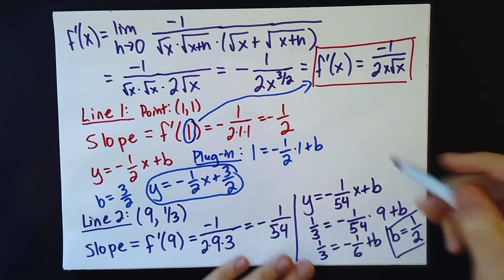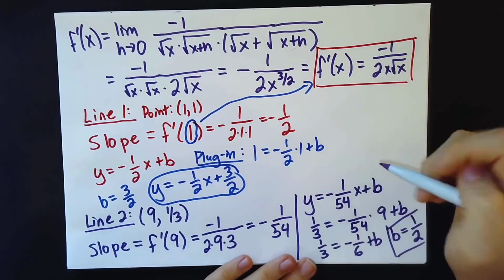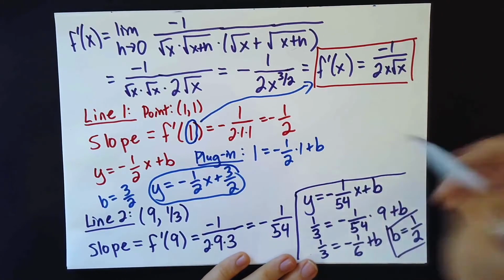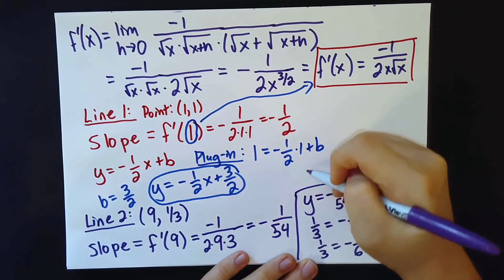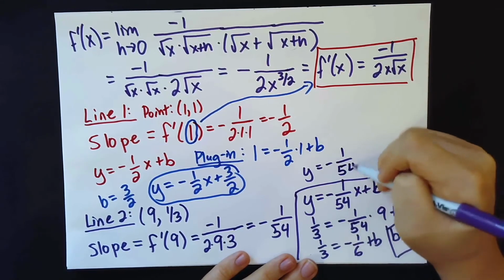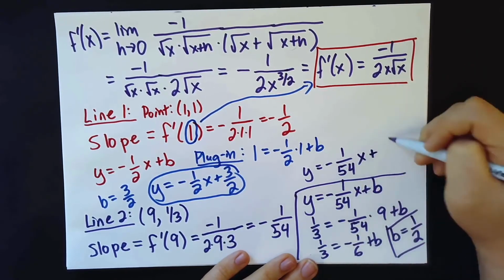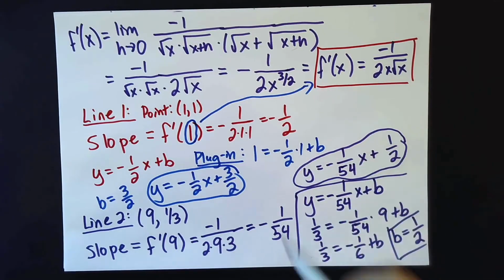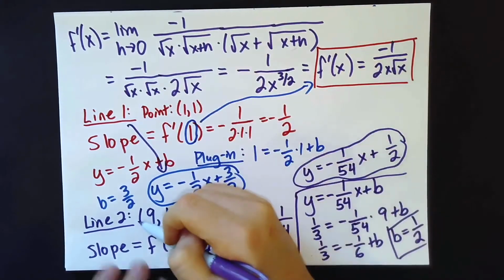And so, just to record this up here, because I'm out of space to do it other places, the equation of this tangent line is y equals minus 1/54 x plus 1/2. Okay, so that's line 1. This is line 2.